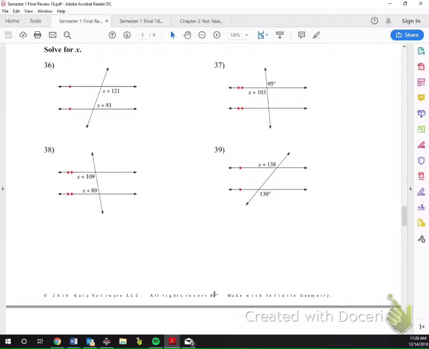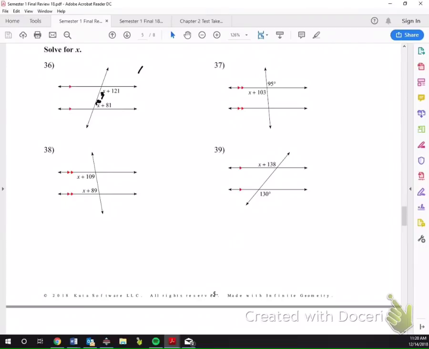So we had angle pairs like alternate interior, alternate exterior, corresponding, same side interior, vertical. We had linear pairs, and each one of those was either congruent or was supplementary. Supplementary means that they add up to 180.